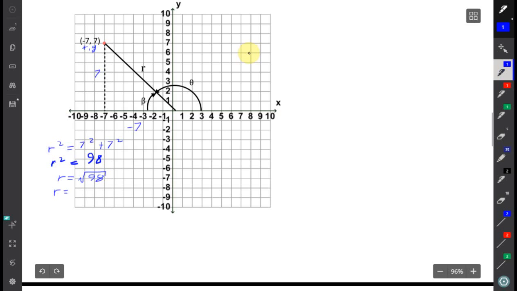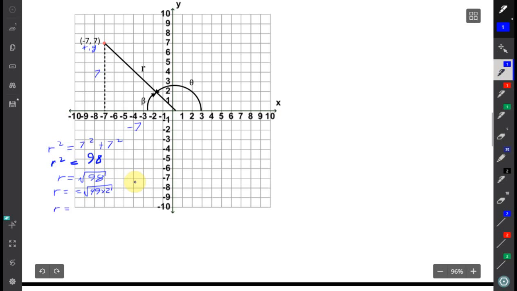So you're looking for the highest possible square root that is a multiple of this number. And in this case, we have a clue up here because we have two 49s. 49 is a perfect square, and 49 times 2 is 98. So this is equal to the square root of 49 times 2.